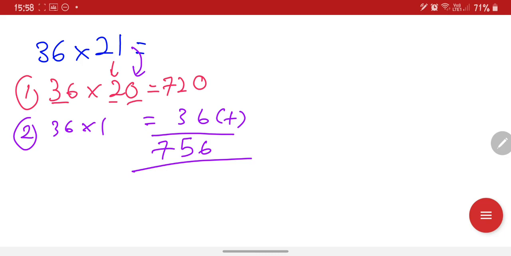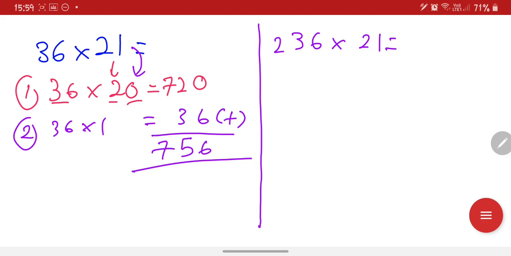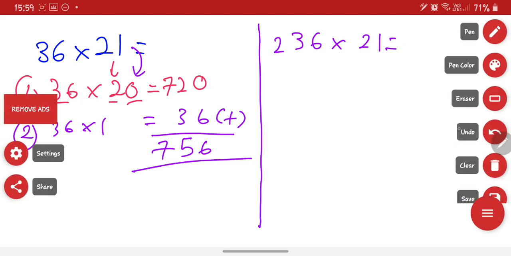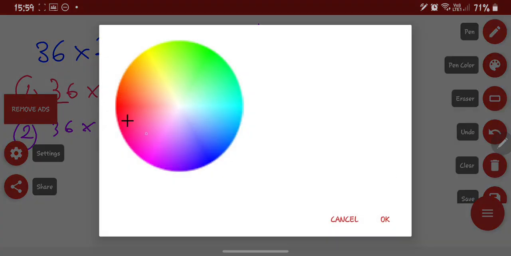Now let's look at another example. Let's say you've been given a bigger number, 236 times 21. Don't worry guys, because it will be the same method again.